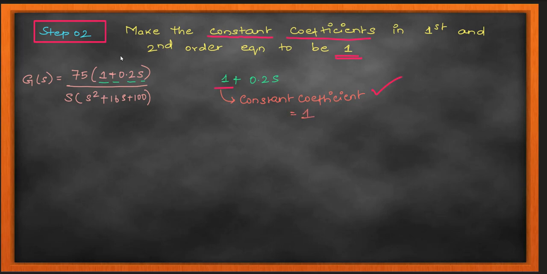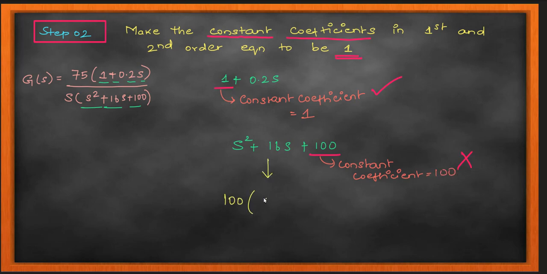In the second order system, s square plus 16s plus 100, the constant coefficient term is 100, so I take the 100 outside. That comes out to be s square by 100 plus 16s by 100 plus 1. That is where I make my constant coefficients equal to 1.